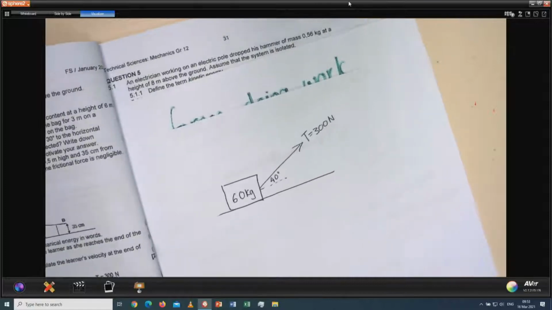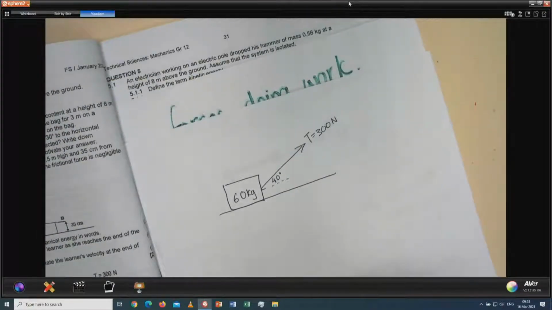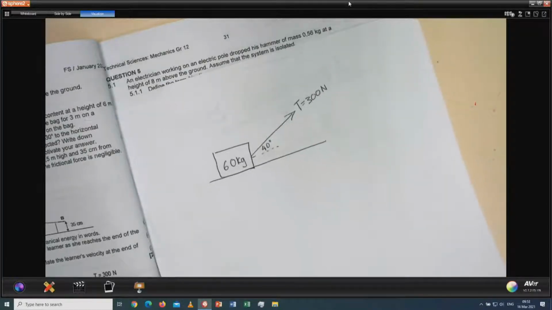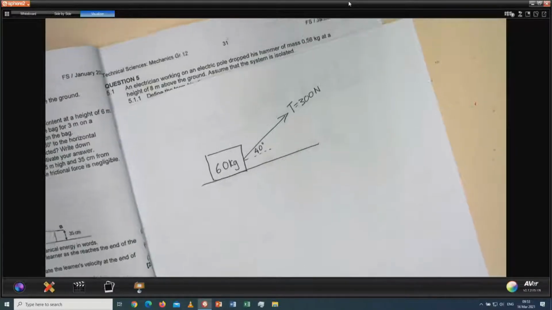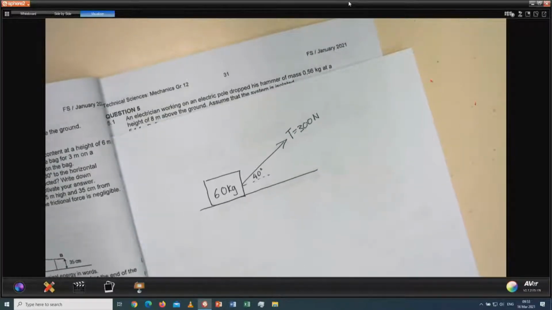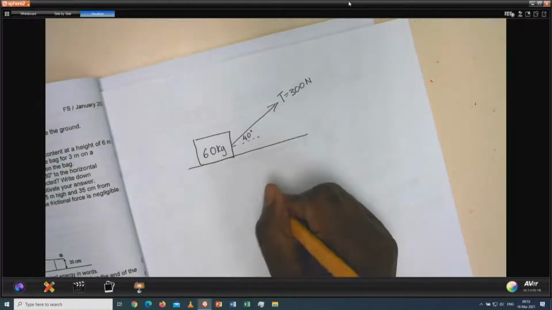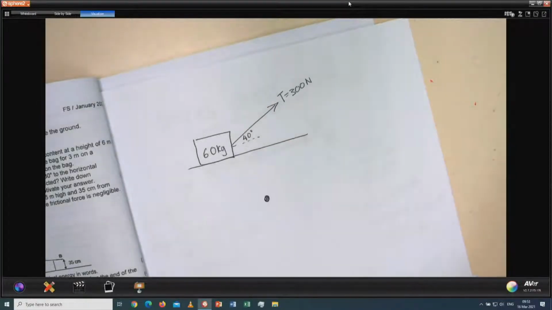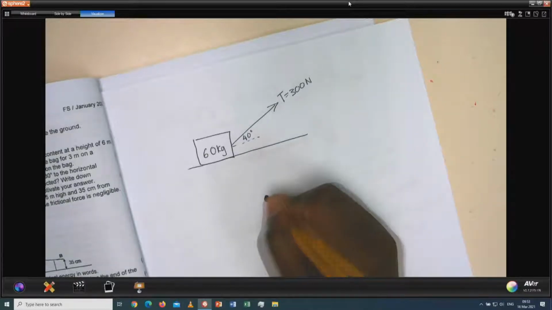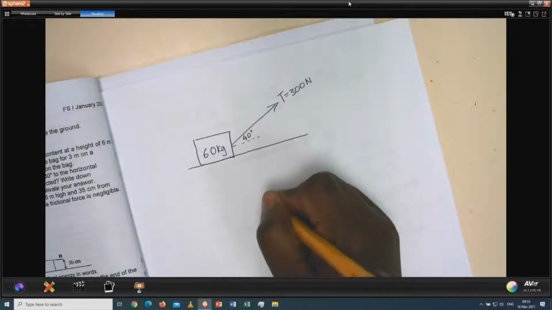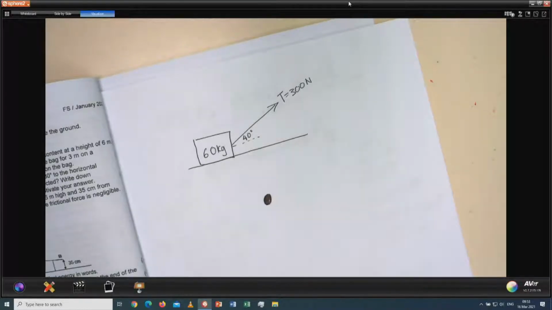Now, if we were not given the magnitude of the frictional force and we still had to calculate the net work done. If we were not given the frictional force, but we still had to calculate the net work done. Again, then I just want to make this dot bigger, and I'm going to draw the components of the force.